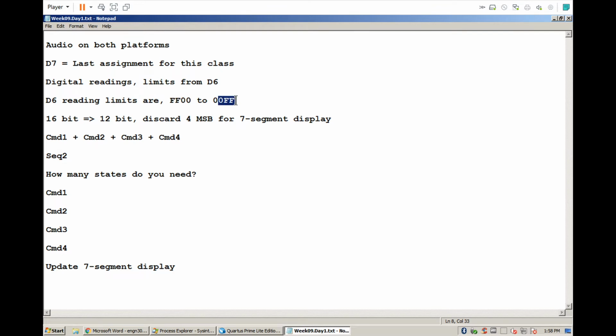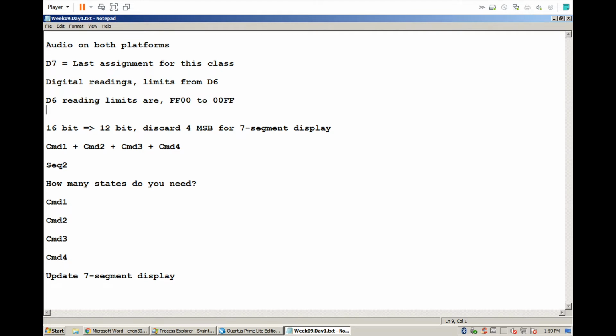The first digit is always the same as the second digit. If you measure FFFF, four Fs, the first two digits are the same. If you measure 0000, the first two digits are the same, because based on D6, this is your limit. You're bounded within this range, so you cannot go over that.